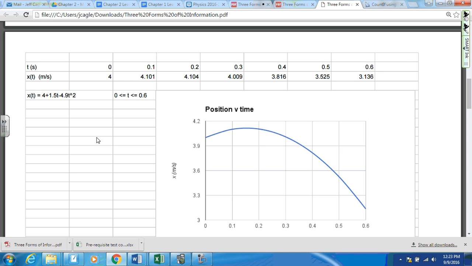Oh, boy. There is no 0. We can see 0 was 0.1. Has to be somewhere.